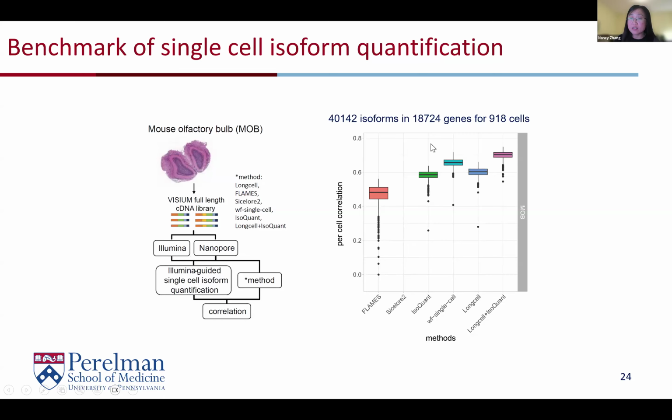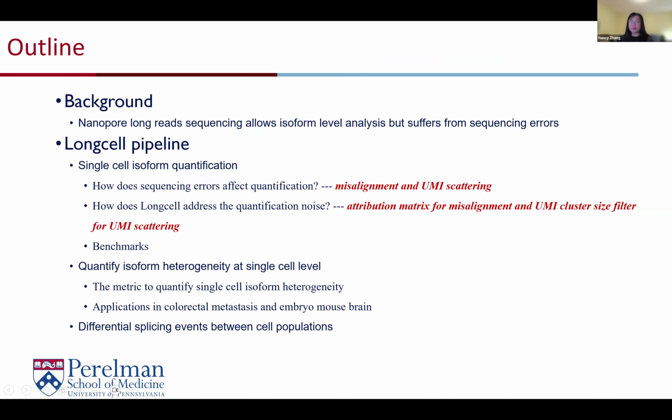This WF single cell result is Nanopore's own pipeline, which came out while we were revising our paper. They do pretty well too. LongCell with IsoQuant actually does the best. So you see from the benchmarks that we have a pretty robust procedure to do quantification of single cell isoform expression. Up to now, any questions?